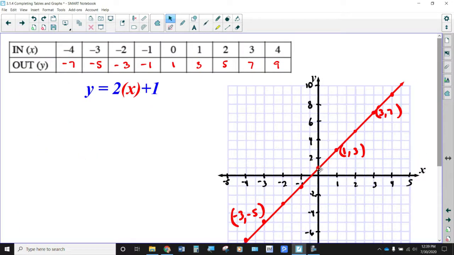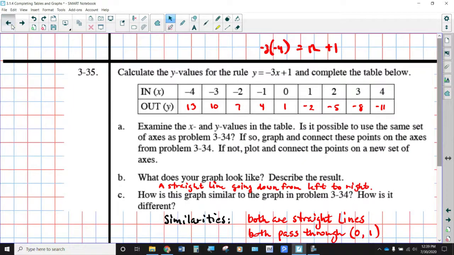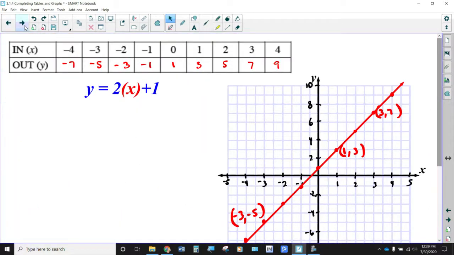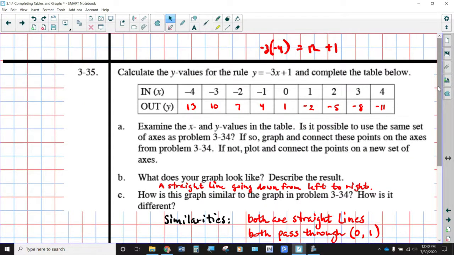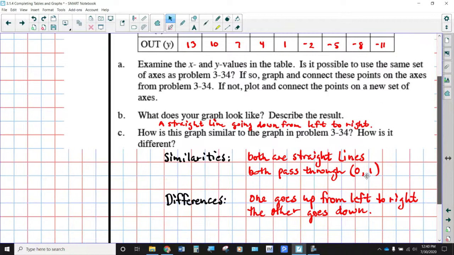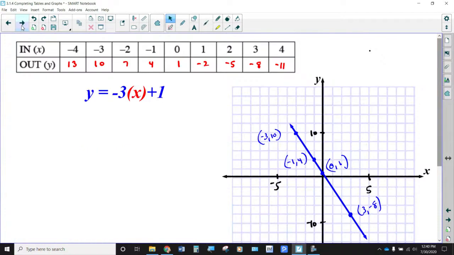You can see it in the table. Here's the 0, 1 in the table. So they both shared that in common, passing through 0, 1. And that point is actually called the y-intercept. We'll get to that later. The difference is one of them goes up when you read it from left to right, and the other one goes down. Okay, this one goes down.